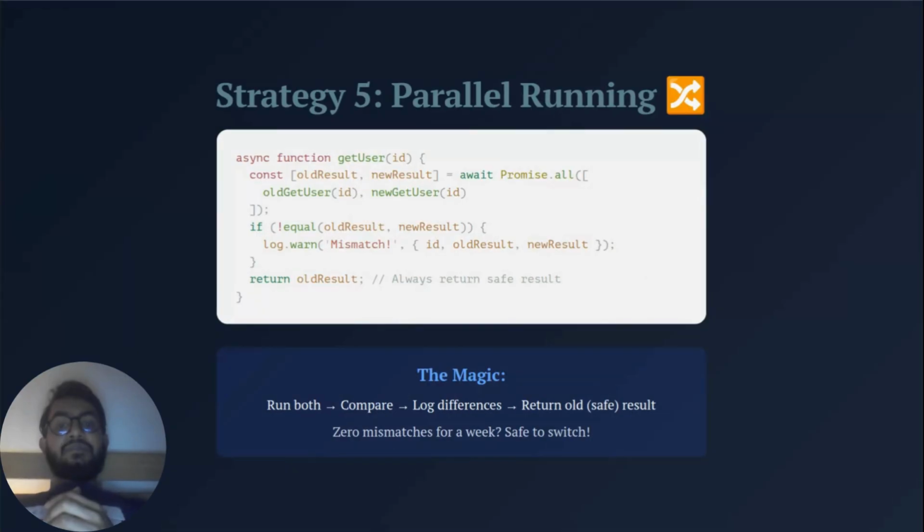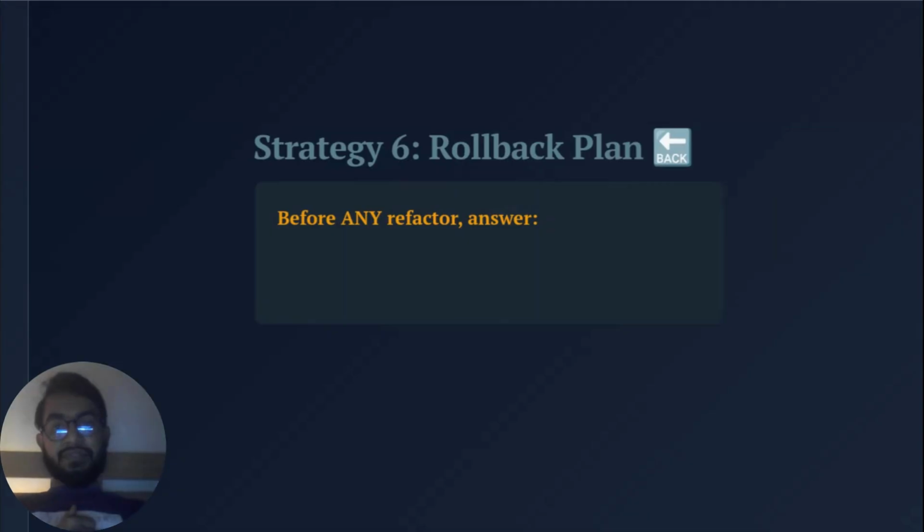So you need to compare the changes, how the refactoring will benefit and who it is valuable for. So for this, you need to run both the old code and the new code in parallel.